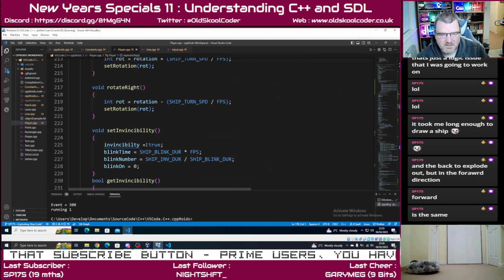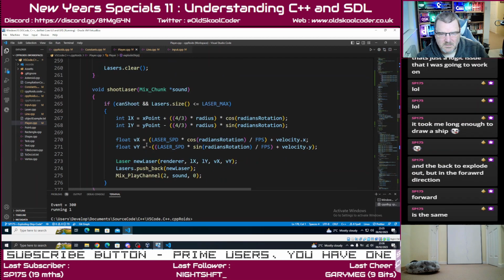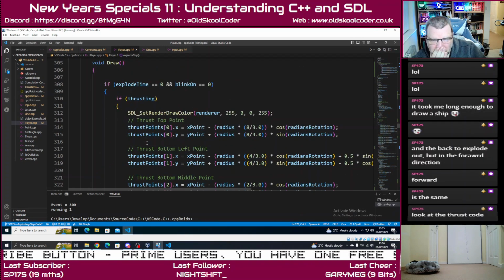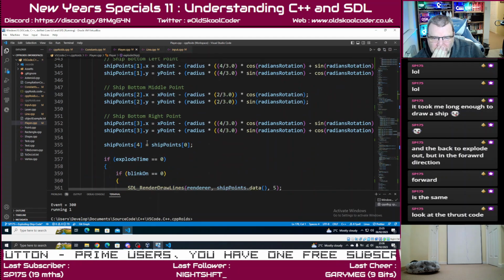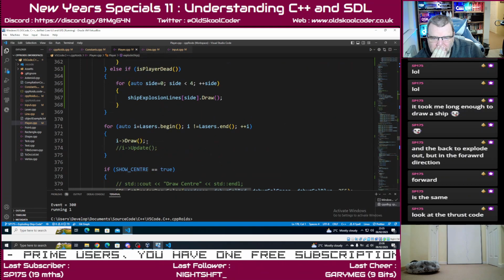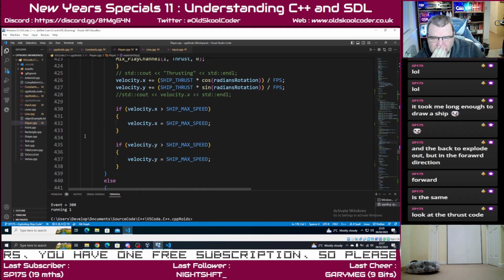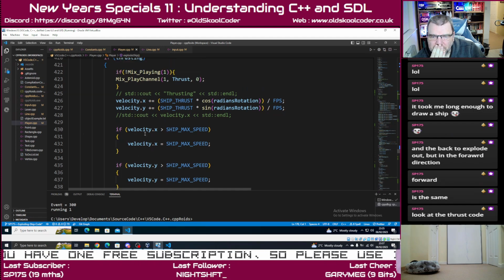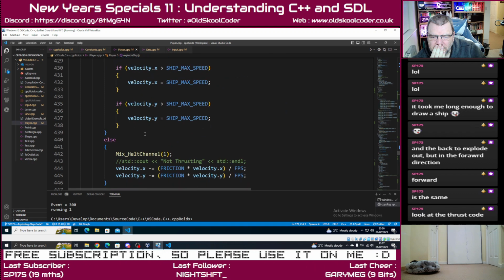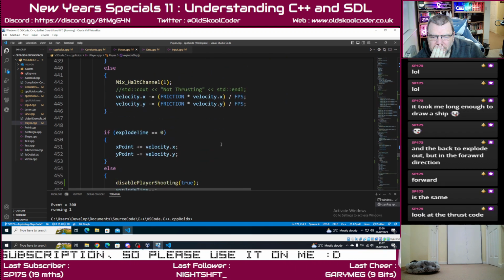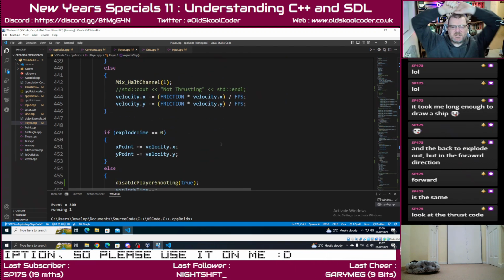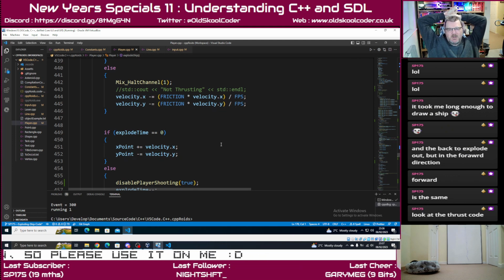Where's update? Yeah, velocity is the momentum.